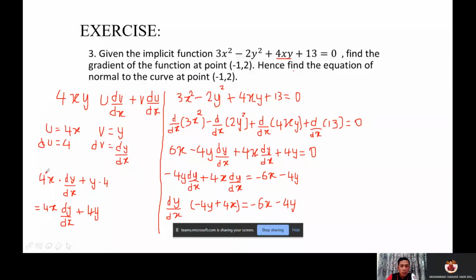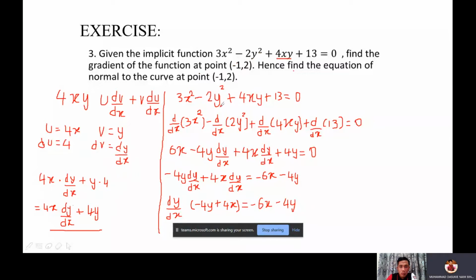So we solve the problem: 4x times dy per dx plus y times 4, and we can get the answer for the product rule, 4x dy per dx plus 4y. This is for the product rule, and we move to the equation of the question.